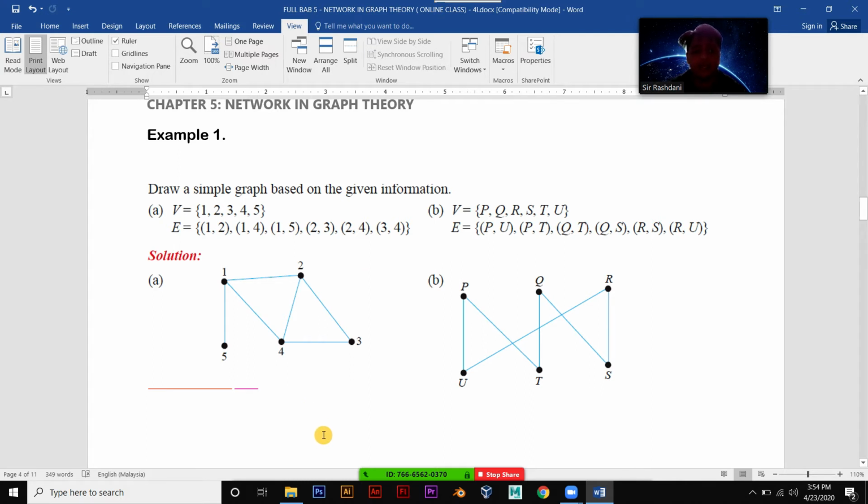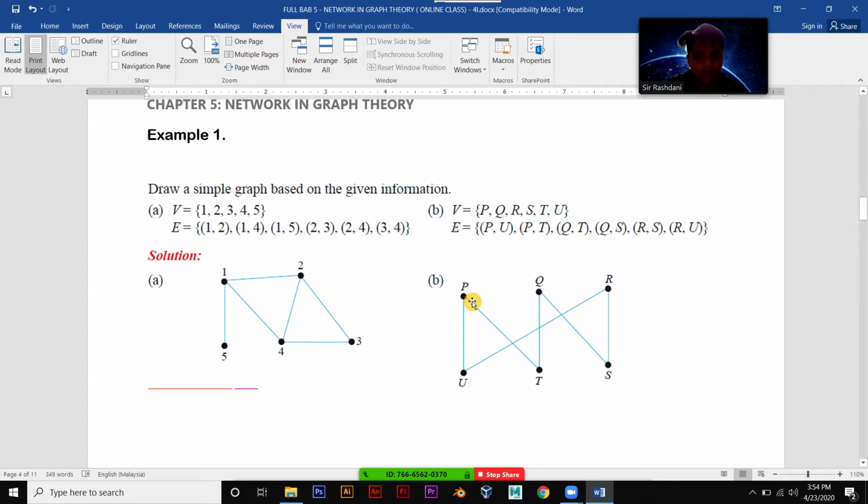This is easy. Okay, for example, given the vertices P, Q, R, S, T, U. First, like what I said just now, you need to state the dots first in the graph.